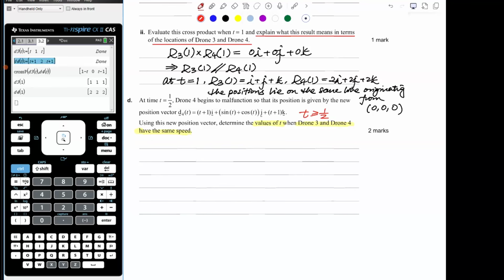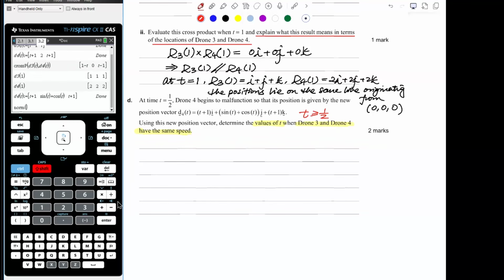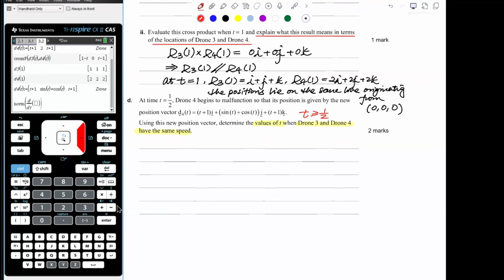The next thing is I'll redefine d4, because there is no more part of this question. (t plus 1) sine t plus cos t, and also t plus 1. Then I'll take the norm of d4'(t) equals the norm of the derivative of d3(t), okay?